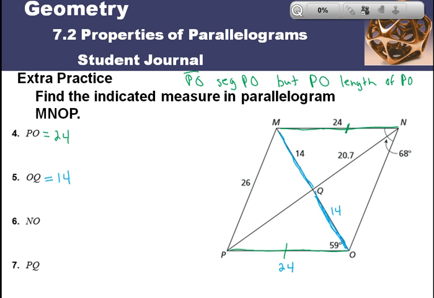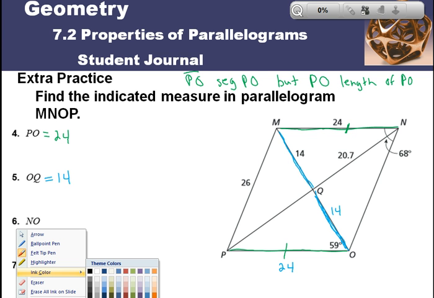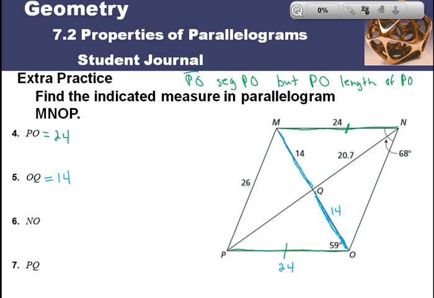All right, now let's try another color. Let's go with the purple one. All right, and purple is NO. So here's NO. NO is this segment right here. And remember, opposite sides are equal, so NO would be equal to this side over here, MP.